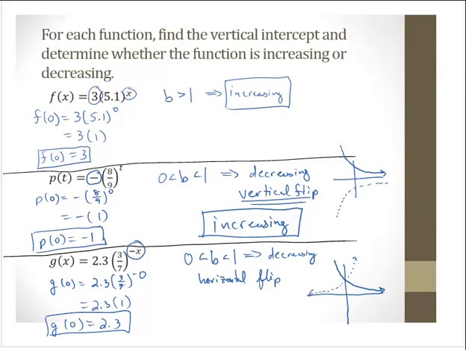And so we get an increasing function. Well, we also have this 2.3. Does that change things? Well, the 2.3 does not give us a vertical flip, right, since it's positive. So we would stick with increasing.